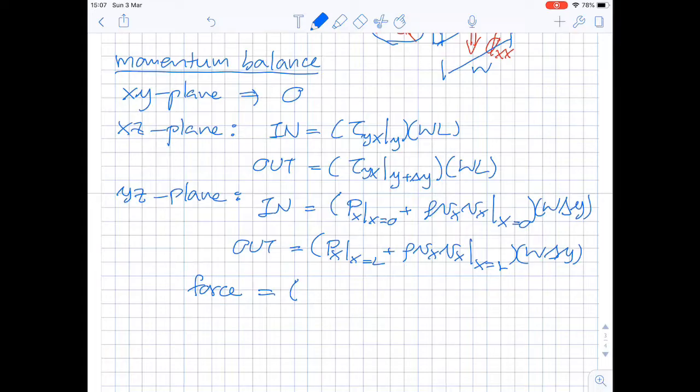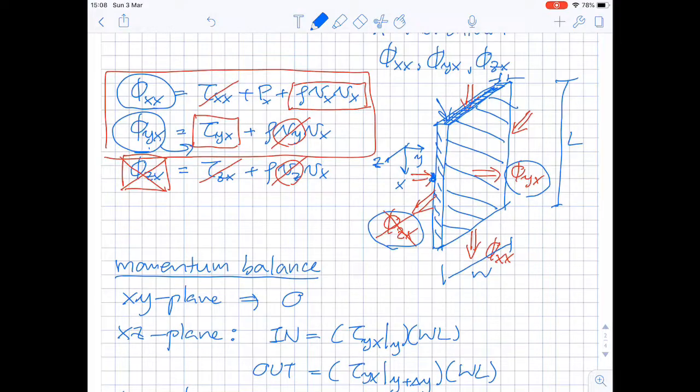The volume we are talking about is the volume of the shell. The shell has a volume of WL times thickness delta y. This is volume times rho to convert into mass of the shell, times g. That's the weight or the force. And you can notice from the picture that g is going down.